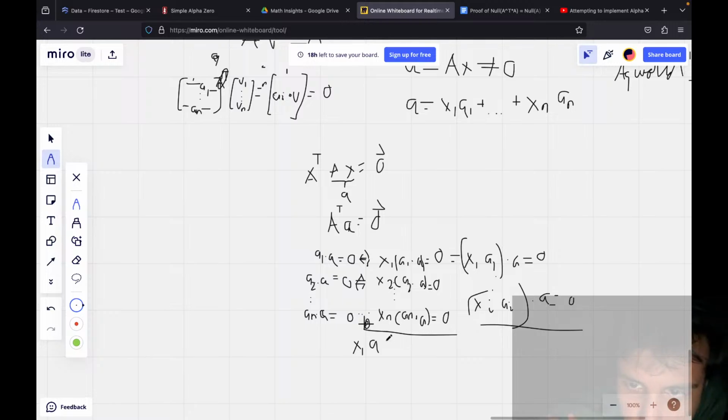So that basically gives us x1 a1 dot a plus x2 a2 dot a plus dot dot dot xn an dot a equals 0.